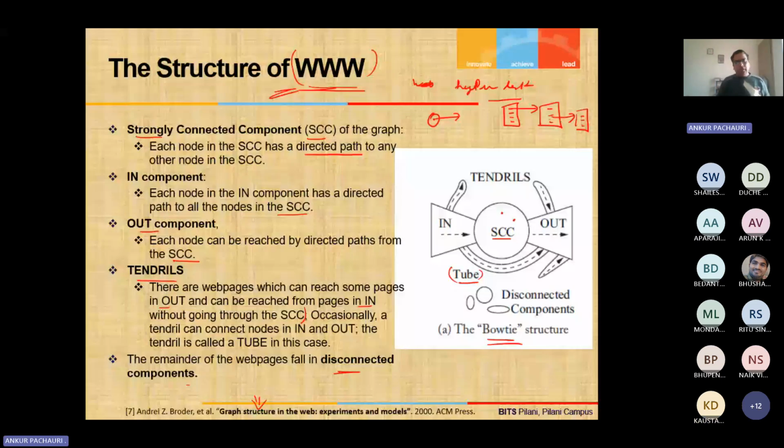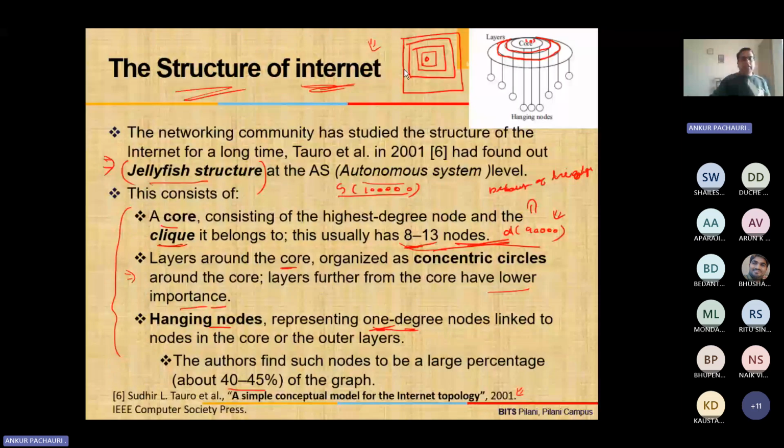And this is what they were talking about. Web crawling is the basis, the underlying activity that you will have to follow, even for finding the structure of the internet.